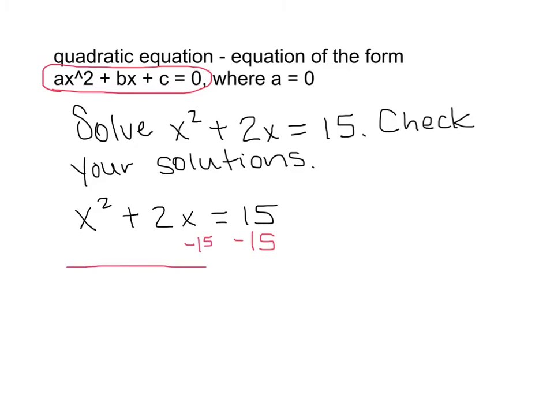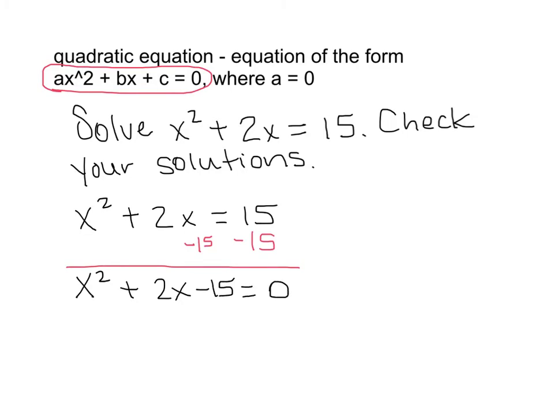However, pay close attention that the 15 is not a like term for the x squared or the 2x, so I don't want to subtract it from either of those terms. But we do include it there to the side.